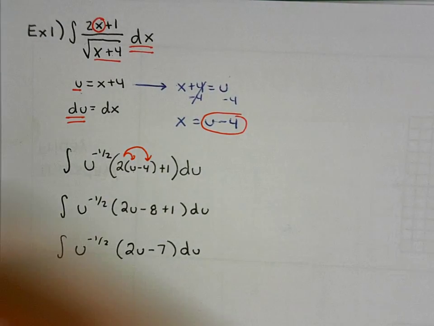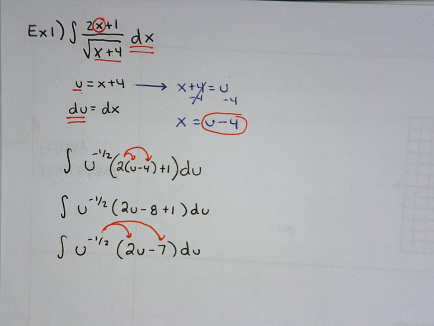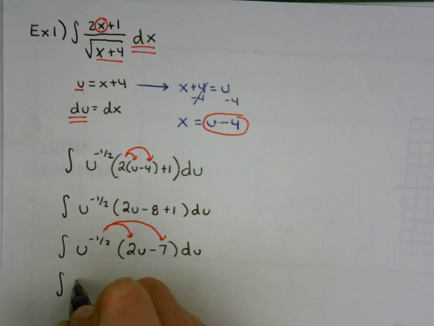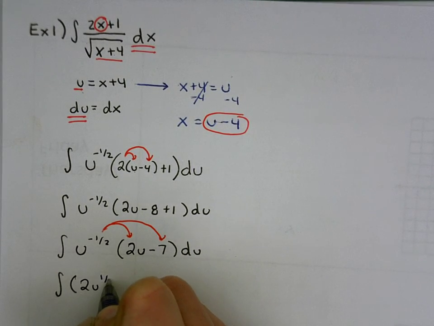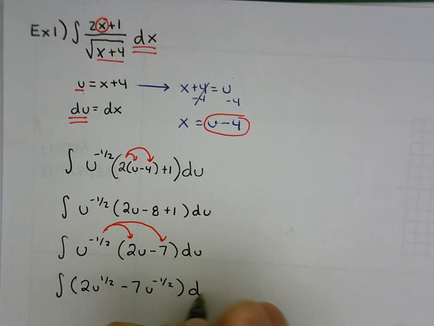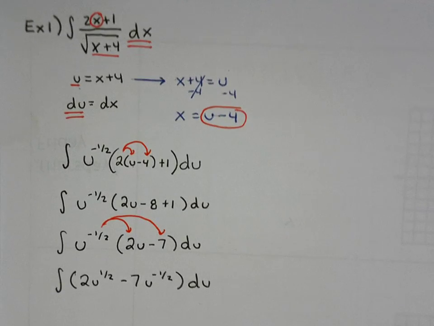And then we can distribute our u to the negative 1/2 in. And we would get 2u to the 1/2 minus 7u to the negative 1/2 du. Okay. At that point, we can do power rule.